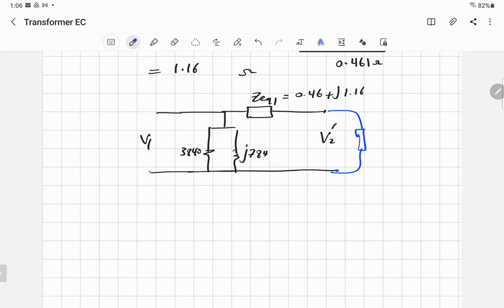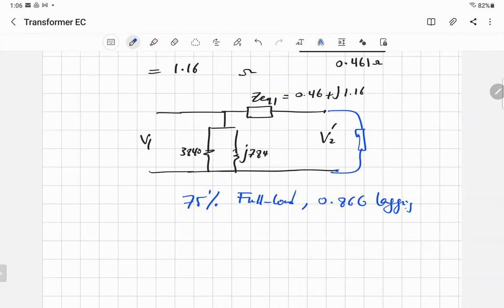Well, let's say that the load is equal to 75% of the rated value, or the full load, and with power factor 0.866 lagging. That's the load.